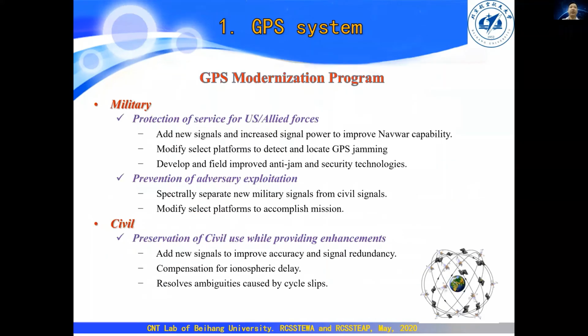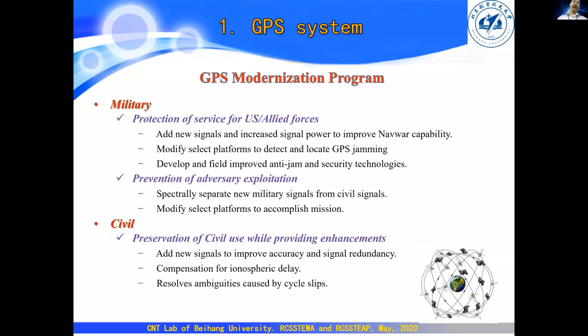For the military, it protects the service for US and allied forces and prevents adversary exploitation. For civil, it preserves civil users while providing enhancements. That means when you use the system, you can still use the old version.